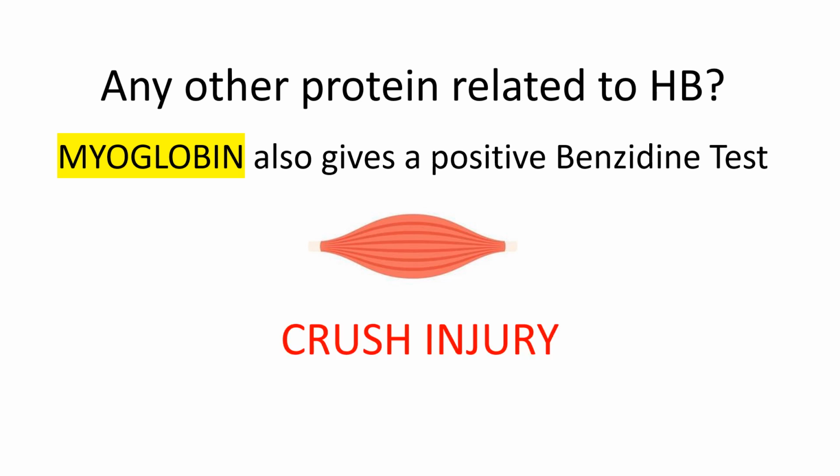One of the good examples would be a crush injury, because when you have a crush injury, a lot of muscles are damaged, and all these damaged muscles release a lot of myoglobin, which comes into the bloodstream. You can also add one more example, which is other causes of rhabdomyolysis, which is once again breakdown of the skeletal muscle, which leads to a lot of myoglobin finding its way into the bloodstream from the muscle and eventually reaching the urine.